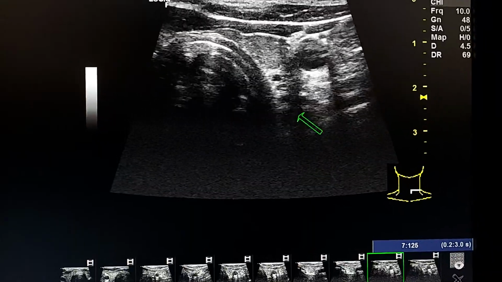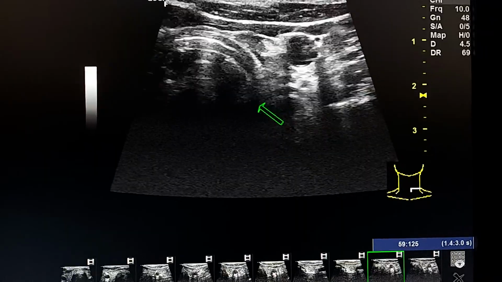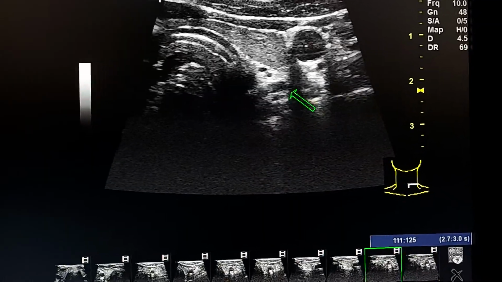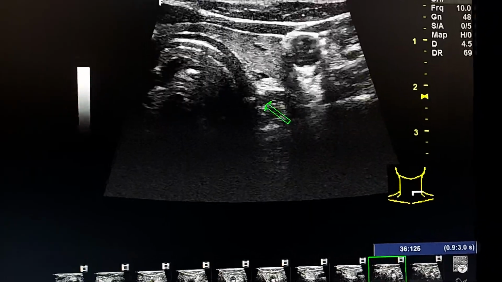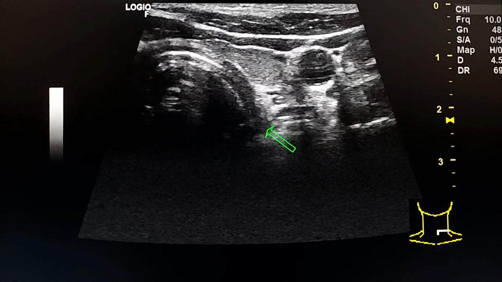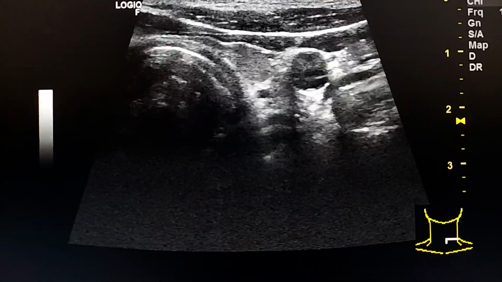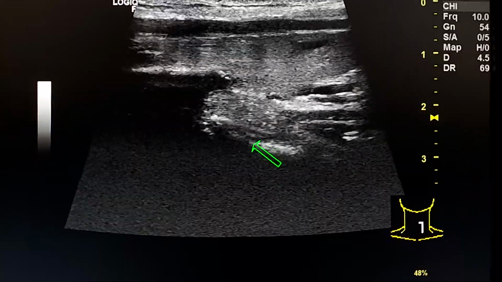Also here, with transverse section, we see the esophagus and the movement of the contents inside it in a normal patient while the patient is swallowing fluid.